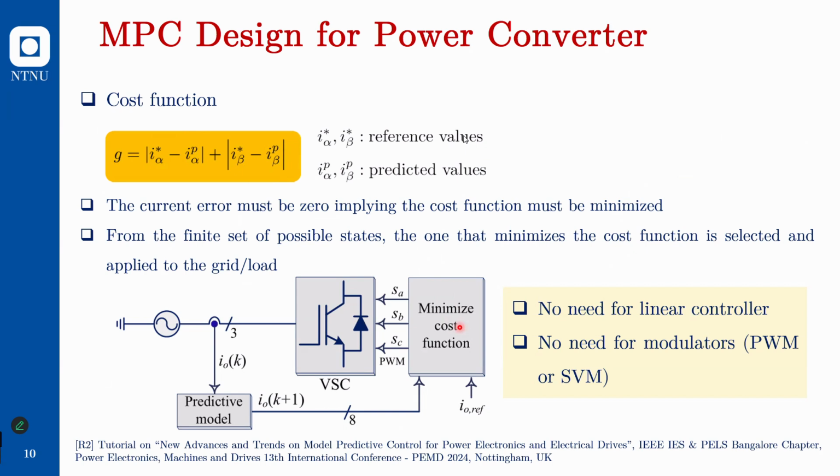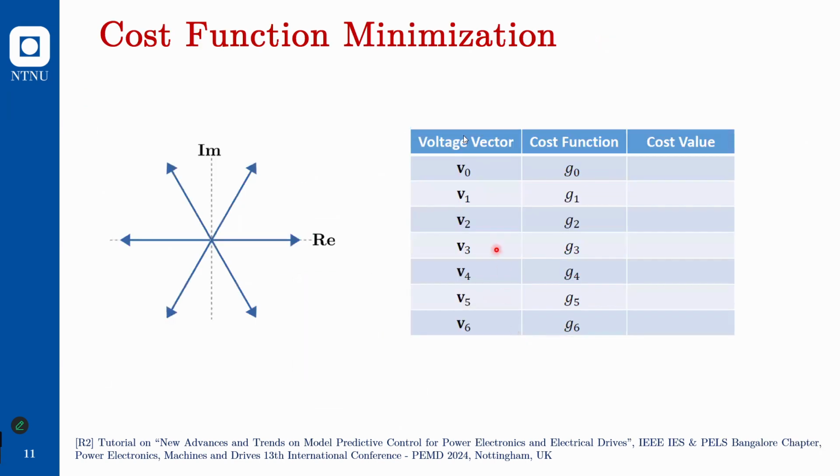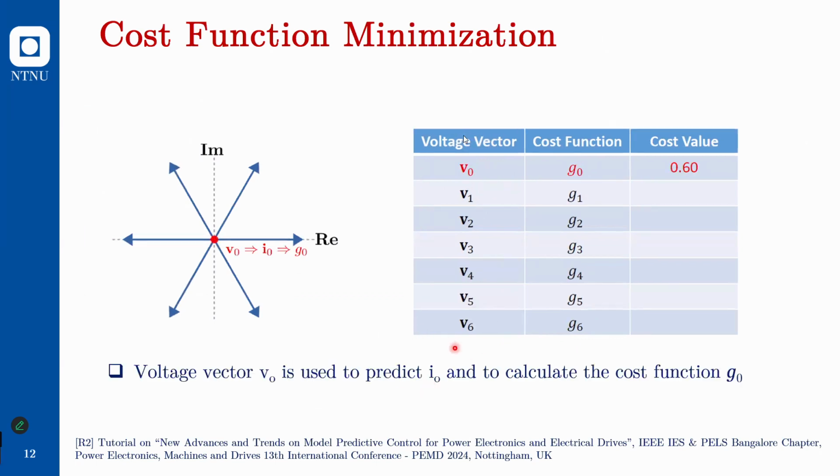Whatever I have summarized here, we can understand in a better way if we consider an example. These are all the 7 switching vectors, and the corresponding cost functions are also listed here. Let's suppose we have applied the voltage vector V0 to predict our inductor output current and to calculate the cost function G0.